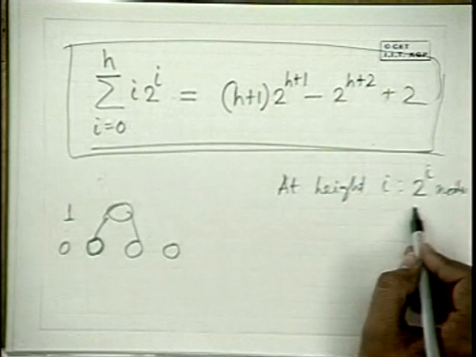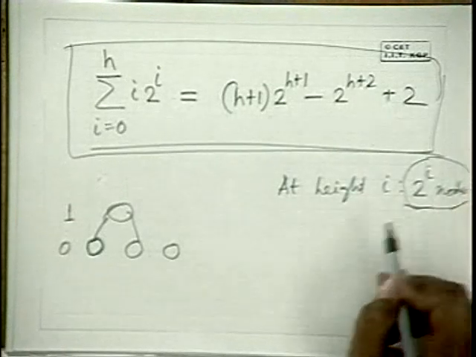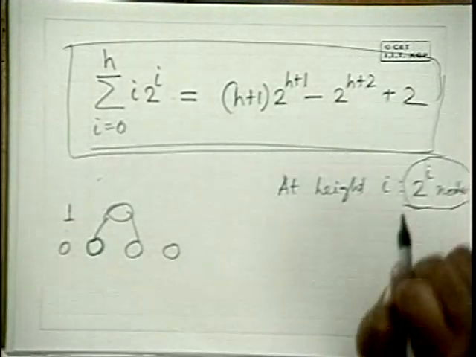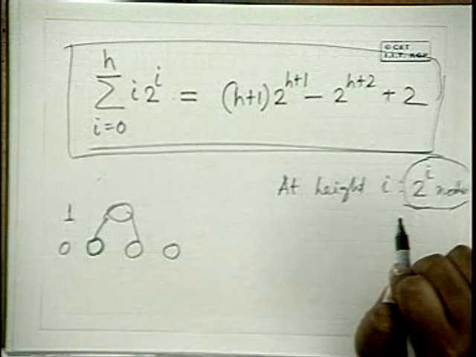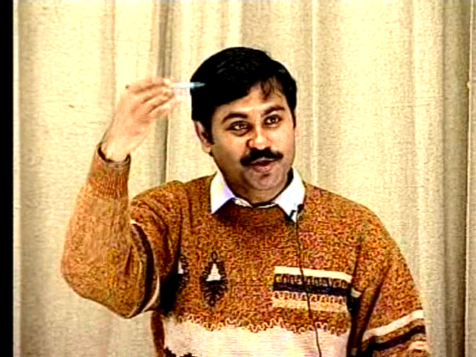And when these 2 to the power i nodes were placed in the heap, what was the height during that time? Not i minus 1, it was h minus i. Because when i is 0, that is when we put the node at the root, the height was h. But when i was 1, those nodes had height h minus 1.